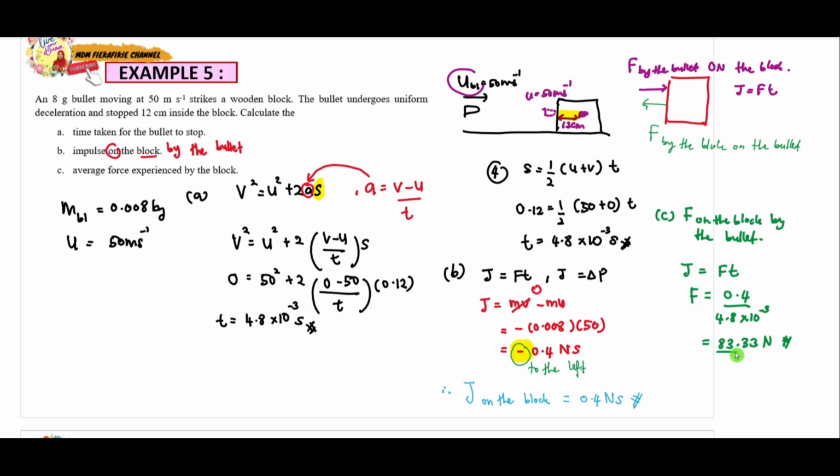Since the direction is positive, kita kira the impulsive force on the block by the bullet, yang dirasai oleh block tersebut, which is to the right. So finish example number 5. Let's proceed to example number 6.